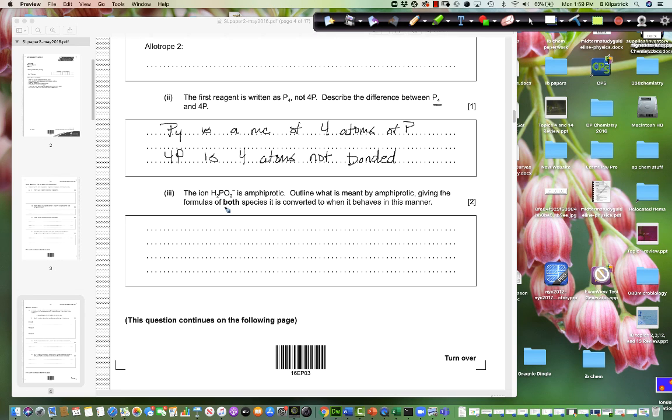So amphiprotic means that it can behave as a Bronsted-Lowry acid and a Bronsted-Lowry base. So under the Bronsted-Lowry definition of an acid, acids give up H's. Okay, bases accept.